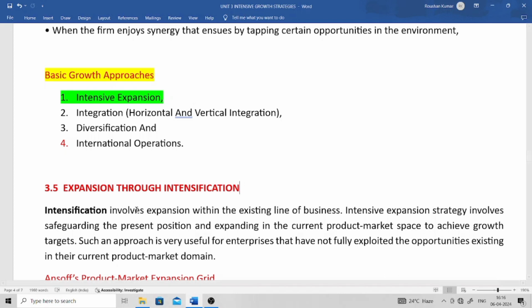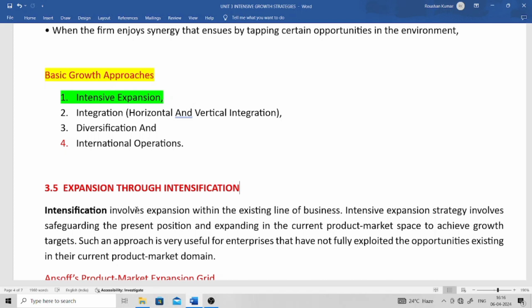Whenever there is expansion within the existing line of business, we can say that is intensification. Intensive expansion strategy involves safeguarding the present position and expanding in the current product market space to achieve growth targets. In this case, safeguarding the present position means whatever the present position is, we have to safeguard it, and then expand in the current product market space to achieve growth targets.